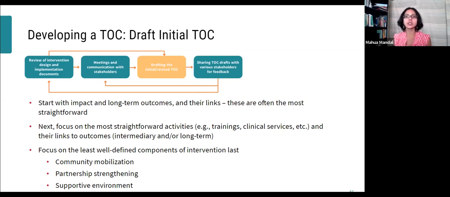Things such as community mobilization, partnership strengthening, supportive environment. Sometimes different stakeholders have different definitions of these, and sometimes these aren't conceptualized in a very clear manner, so they're more difficult to put in the theory of change. Next.